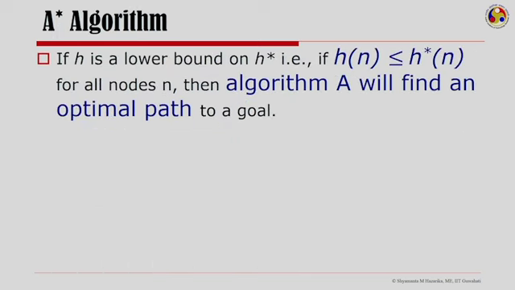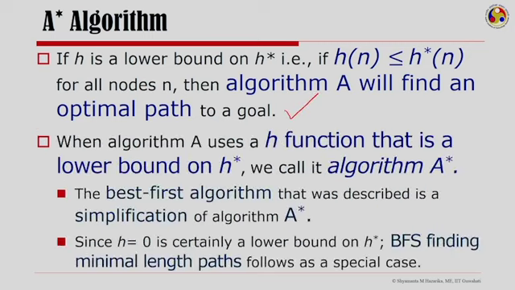If now you take the lower bound of h star, that means when you estimate h, you take the lower bound of the estimate for all nodes, then algorithm A will find an optimal path to the goal. When algorithm A uses such a heuristic function, that's a lower bound on h star, we call it algorithm A star.